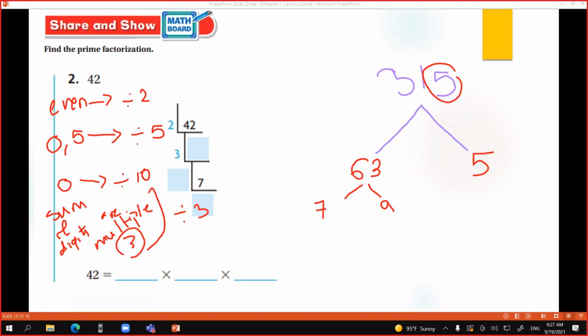If you multiply 7 times 9, you get 63. Is 7 a prime number? Yes, so I have to stop here. Now, is 9 a prime number? No. 3 times 3 equals 9.